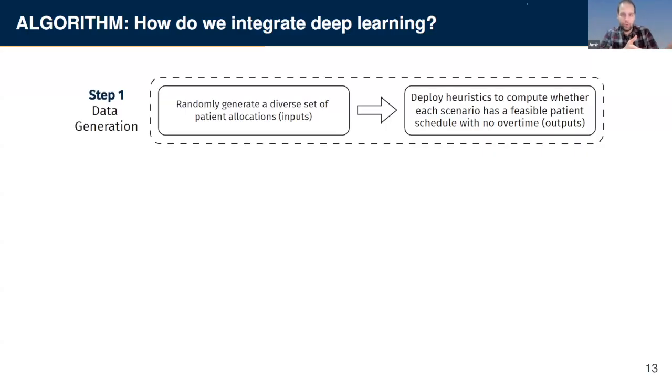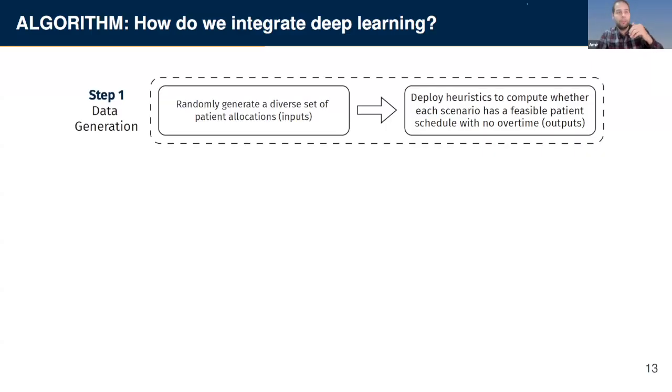For different patient allocations, we have the output value, which is whether that patient allocation is feasible with regard to overtime and the number of beds and nurses required. So the input here is to randomly generate a diverse set of patient allocations.